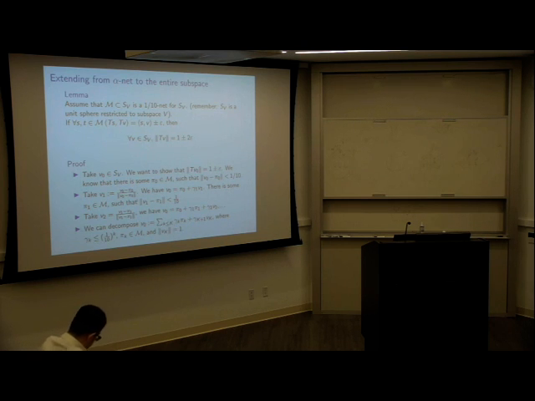Now, since it's back on a sphere, I can find some pi 1 in the net that's close to it, and I can decompose it as v1 is pi 1 plus its own remainder. If I plug this back in here, I'm going to get that v naught is pi naught plus gamma 1, whatever was the scaling, times pi 1, plus gamma 1 times the new scaling times the remainder.